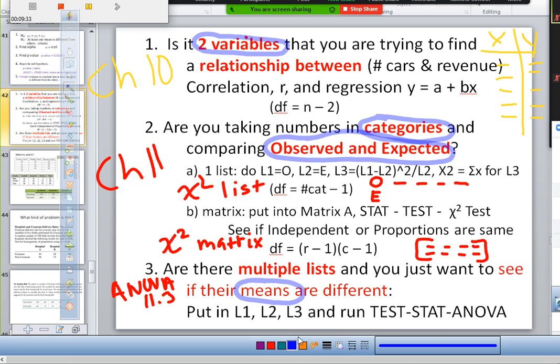And then the means are going to be something along the lines of, you're going to have some sort of title, and you're going to have stuff in lists, which may or may not be the same length. But you're only going to have categories or headers up top. And here you're going to have headers.